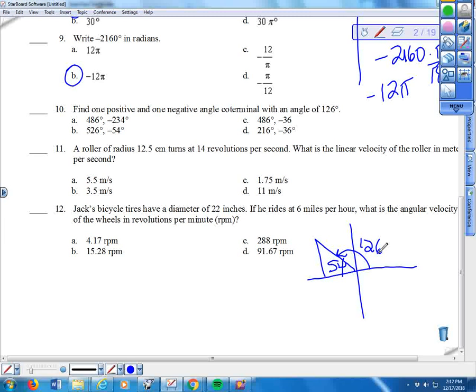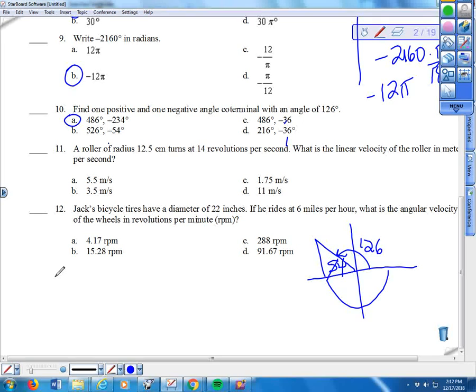So if I add 360 to it, I'm going to get 486, right? But then the negative would be negative 234, wouldn't it? Because I'd go 180 and then another 54. All of these are in the 4th quadrant, and that angle's not in the 4th quadrant.